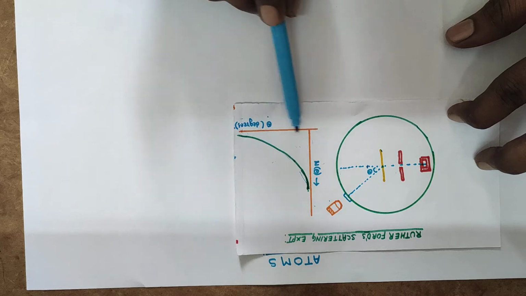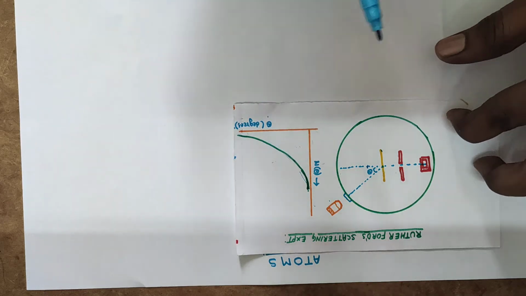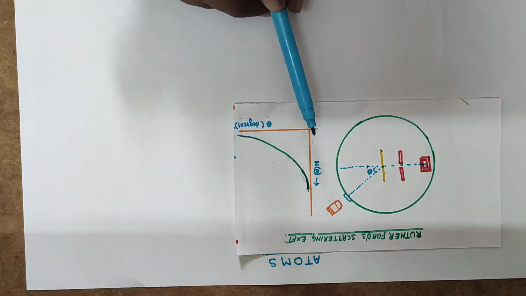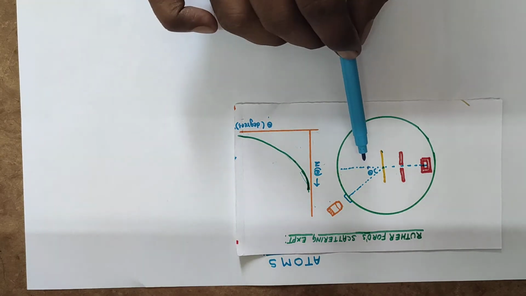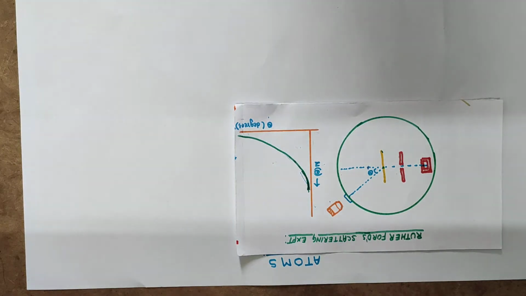From this experimental observation, they have come to the conclusion that the atom is having most of the space empty. Most of the space in the atom is empty, and there is positive charge concentrated at the center of the atom.